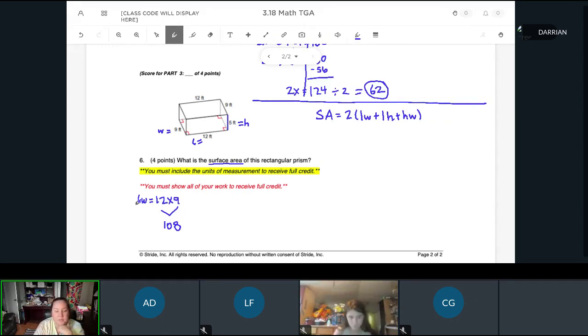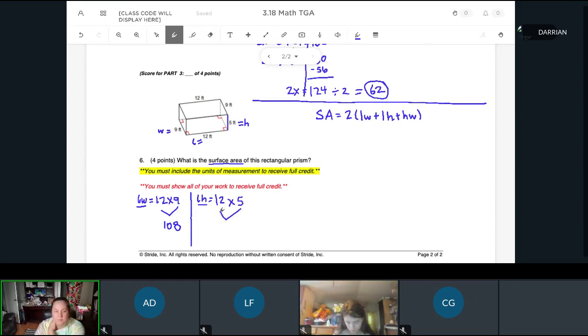Okay, then I'm just going to underline LW so I know which one this is and draw a line. And I'm going to do my next one, which is length times height. Okay, my length is 12. So 12 times my height, which is 5.